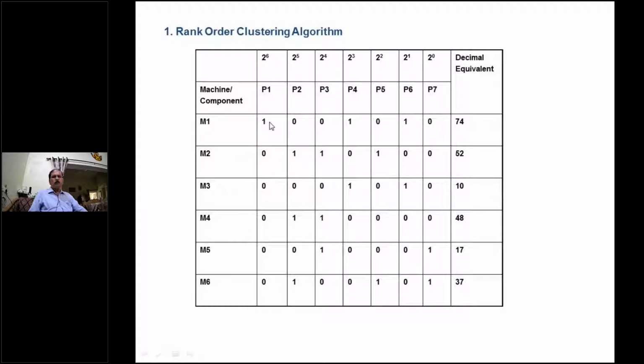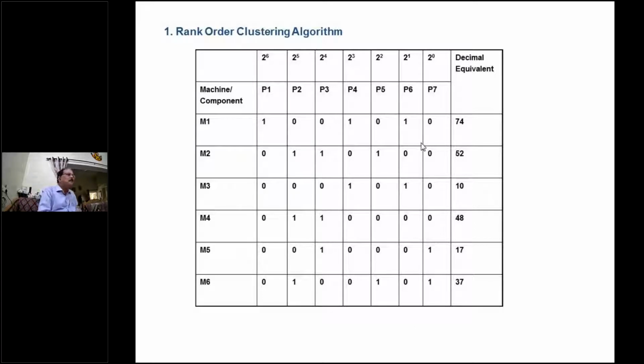So part 1 is visiting machine 1, so we put 1, others are 0. Part 2 is visiting machine 2, machine 4, and machine 6, so here 1, 1, 1 we have given, and the others are 0. Part 3 is visiting machine 2, machine 4, machine 5, and others are 0. Similarly, we have written all the parts visiting the different machines.